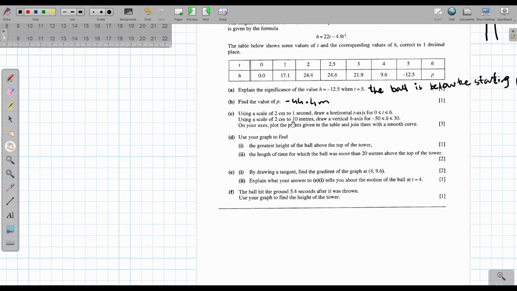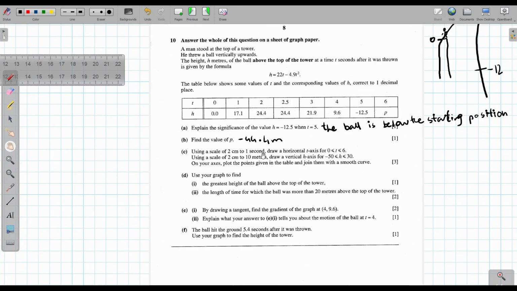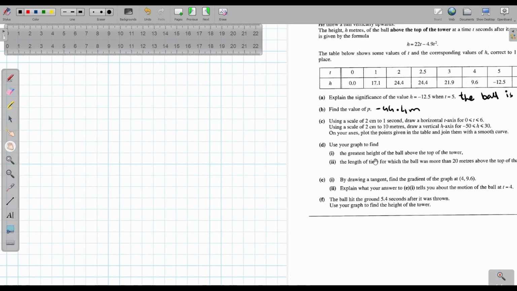All right, so now it wants us to draw a graph using a scale of 2 centimeters to 1 second on the horizontal axis. We have to keep between 0 and 6, and 2 centimeters to 10 meters on the vertical axis, and we have to keep from minus 50 to 30.